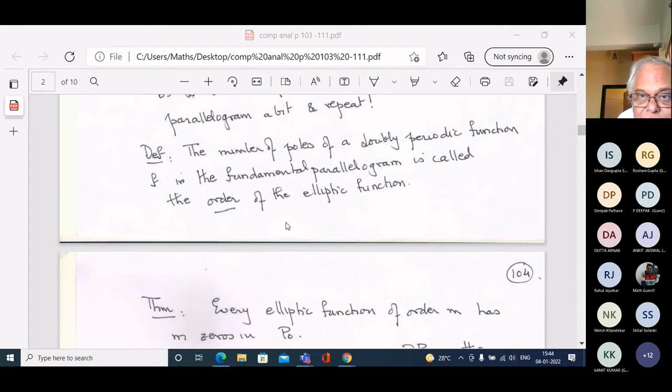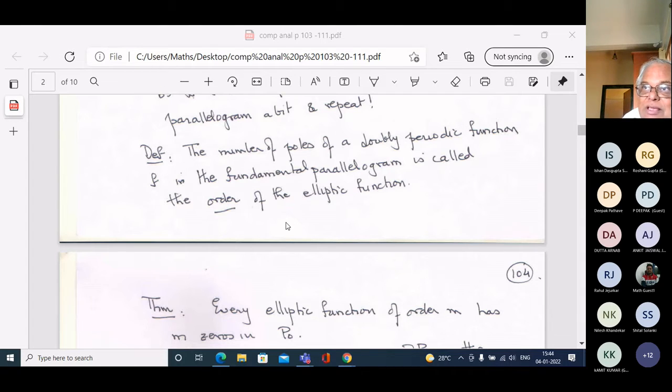Order m means that it has m poles in the fundamental domain, counted with multiplicity. So the number of poles is m.